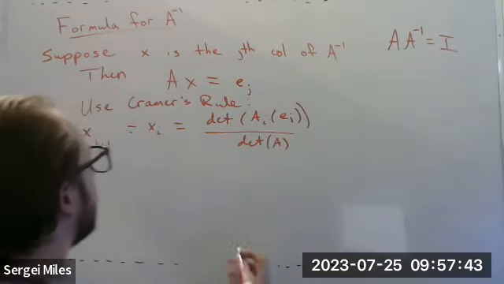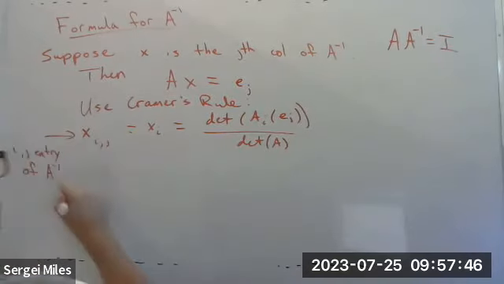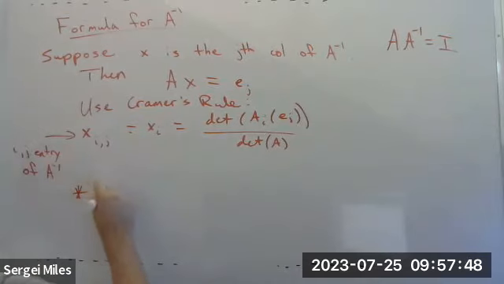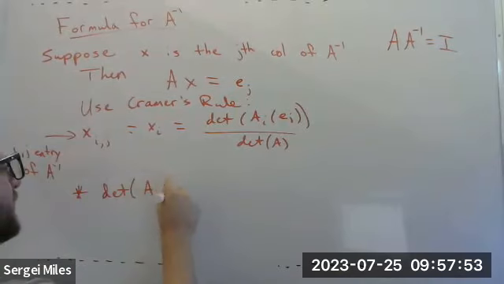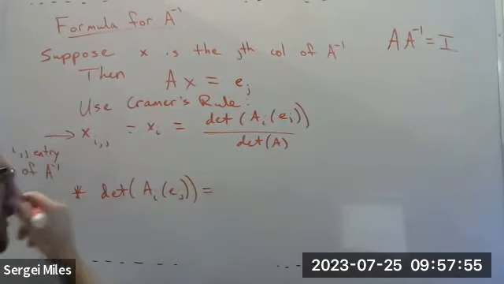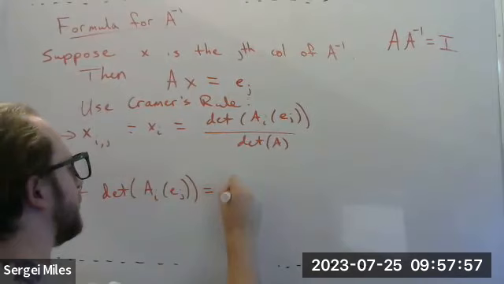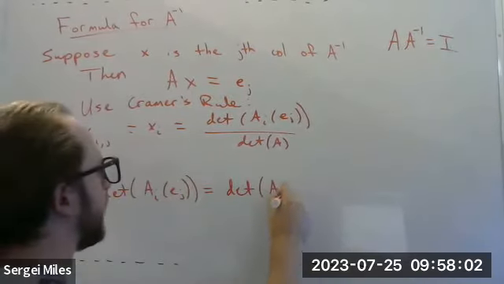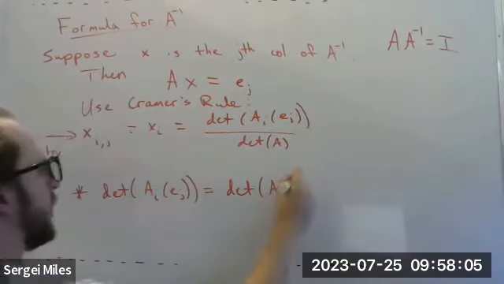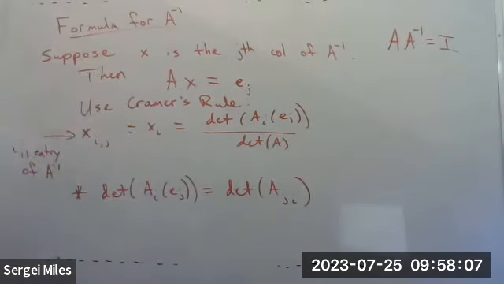They say the determinant of A_i with e_j is the determinant of A_ji, and they swap the j and i. This is very confusing. Whoever wrote the textbook just thought this was nicer. It's really not, but this is what they do.